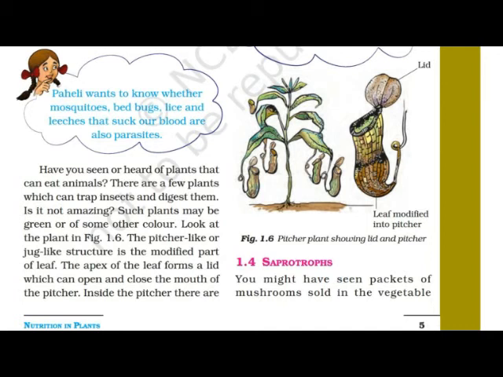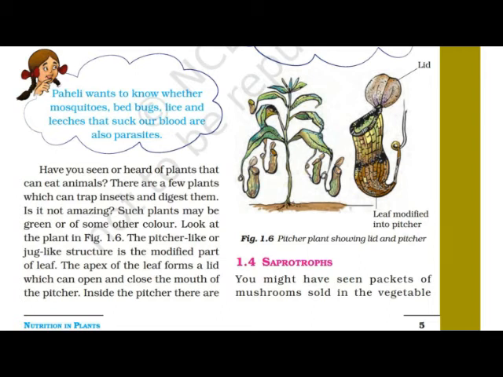Now, we should think about it. Why does the pitcher plant, even if it is a plant, require eating other animals? Why do they require it, even when they can prepare their own food?